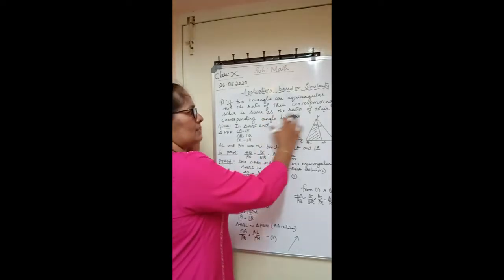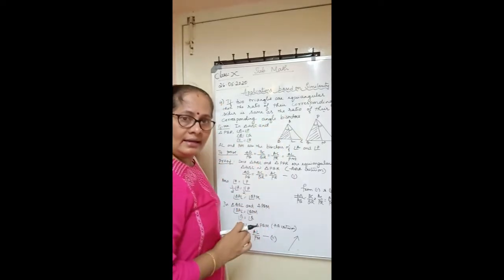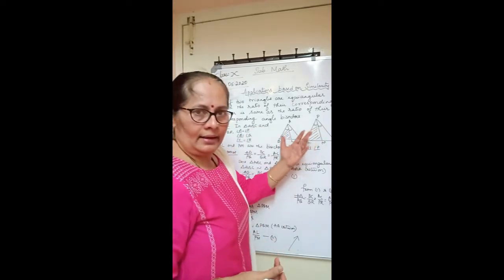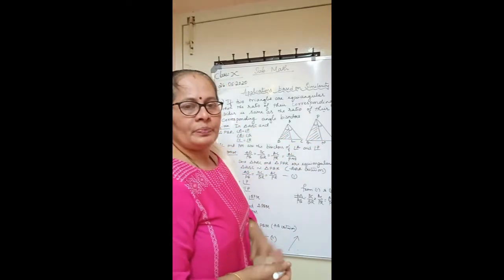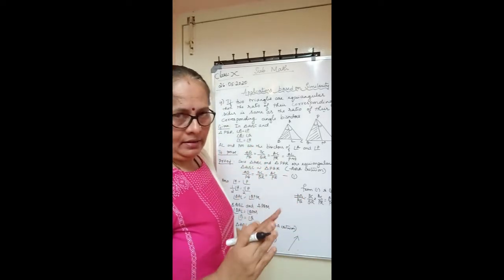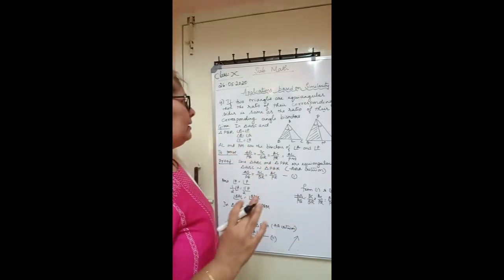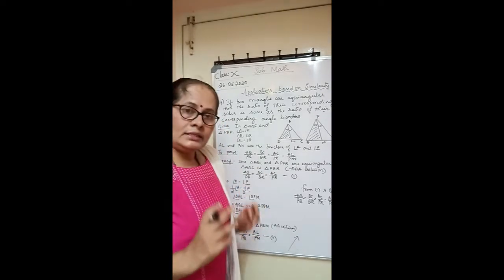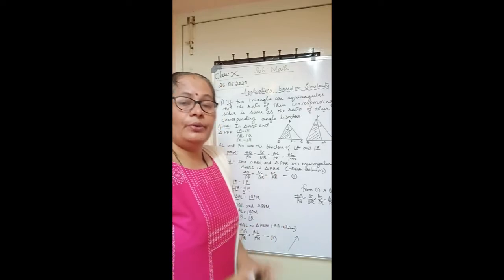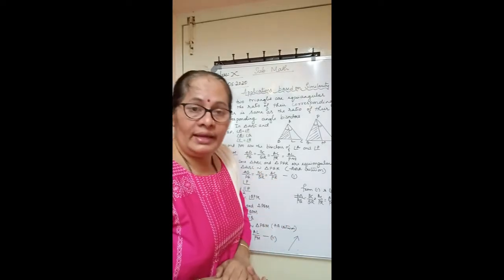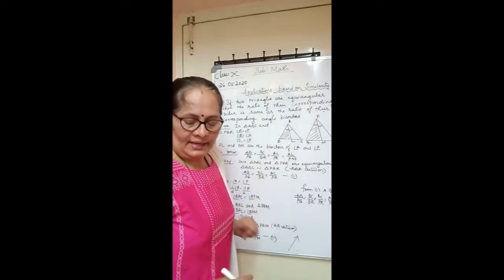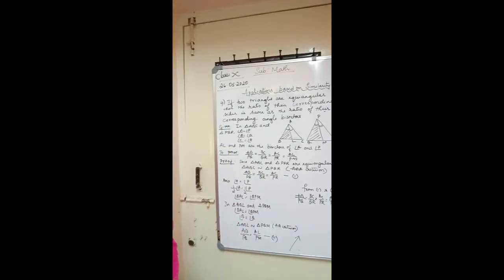That is the same as the ratio of their angle bisectors. AL and PM are the angle bisectors here in triangles ABC and PQR. Therefore, whenever two triangles are equiangular, then the ratio of their corresponding sides is also equal to the ratio of their corresponding angle bisectors. Next is the last application, that is the fifth application.